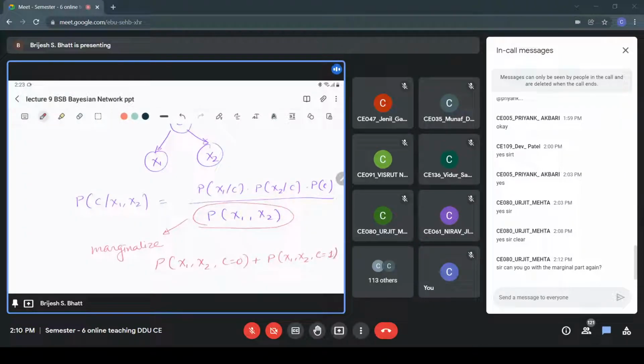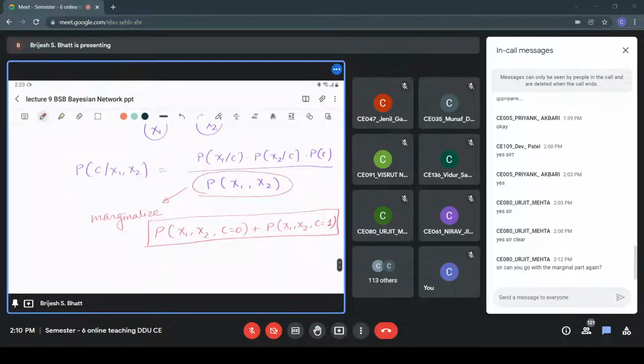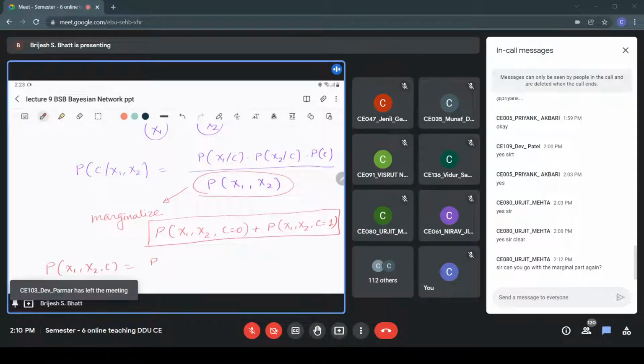So for all values of c, you need to do this. Remember, I said the denominator cannot be directly calculated, but you need to marginalize. So the idea was that the joint distribution of x1, x2, and c can be calculated as probability of x1 given c into probability of x2 given c into probability of c.